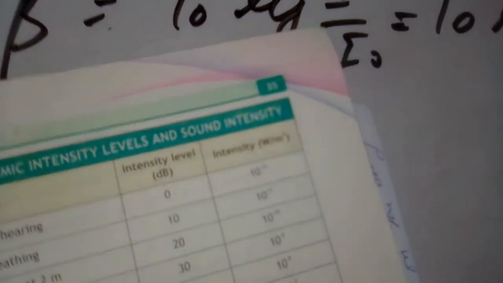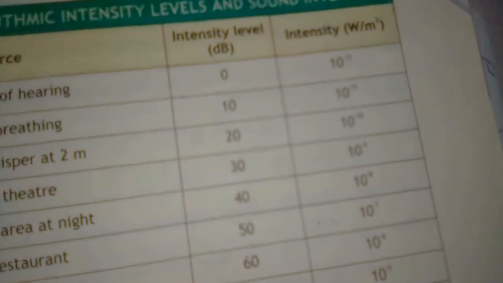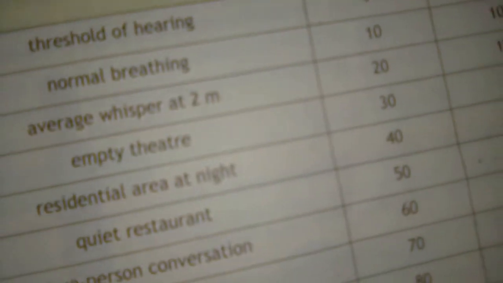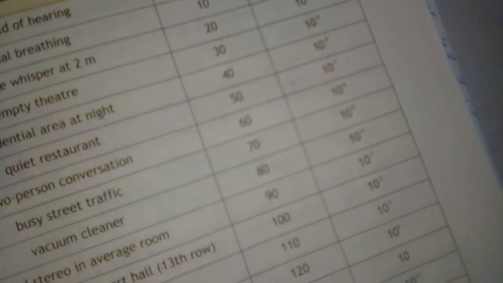For an average whisper, I is equal to 10 power minus 10 watt per meter square, so its intensity level is 20 decibel.